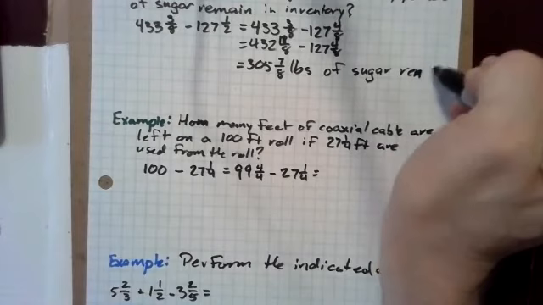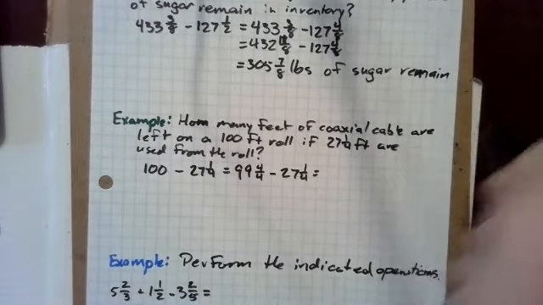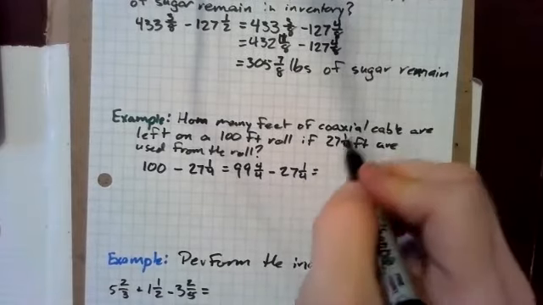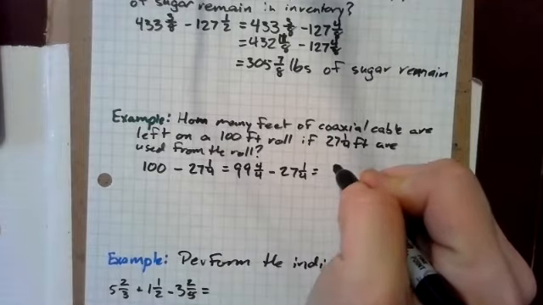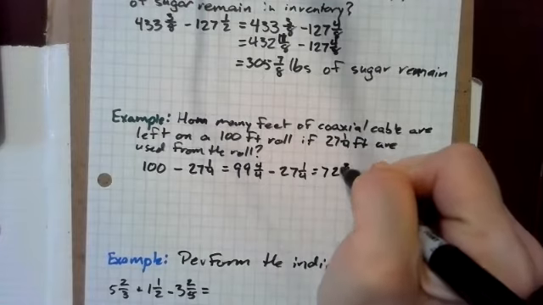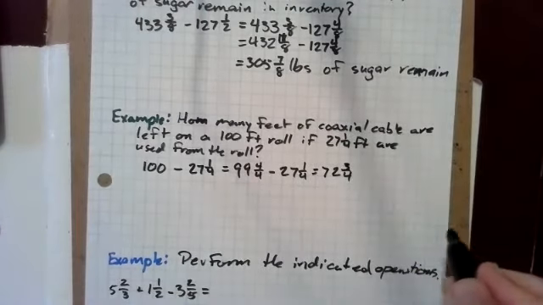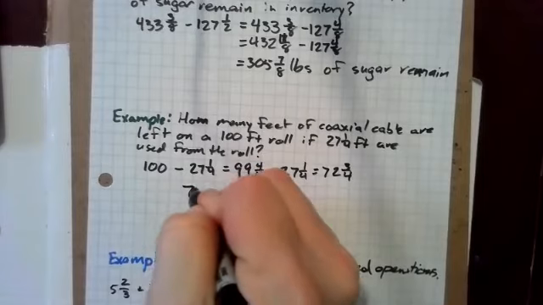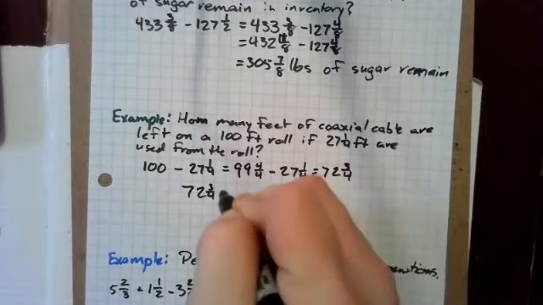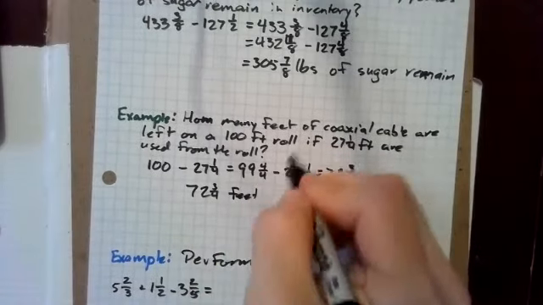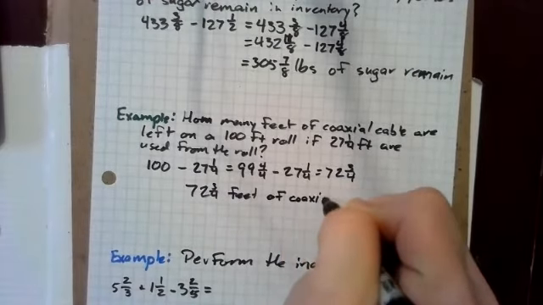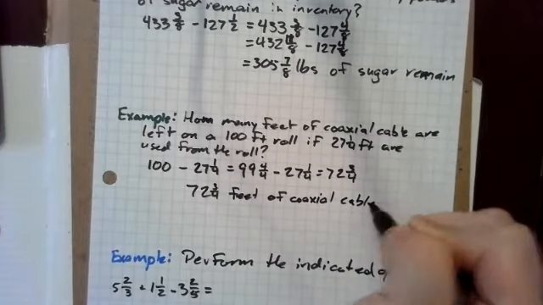We should always write the answer to our word problems. Okay, so here we've got 99 and 4/4 minus 27 and 1/4. 99 minus 27 is 72. 4/4 minus 1/4 is 3/4. So the answer here is 72 and 3/4 feet of coaxial cable are left.